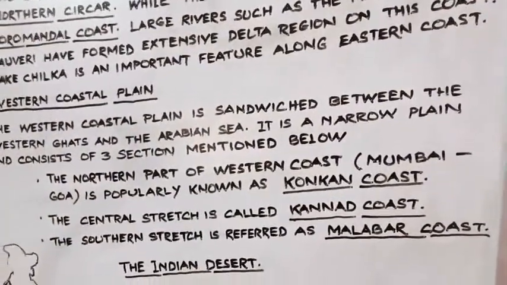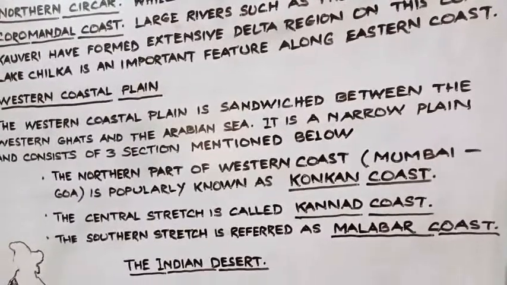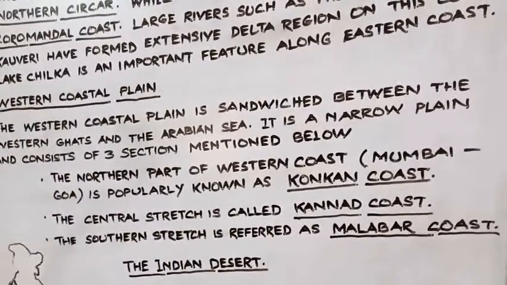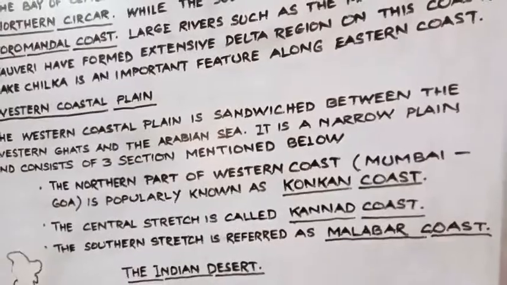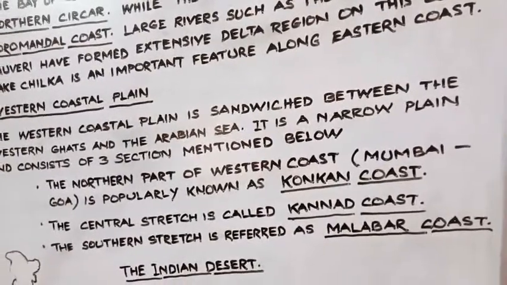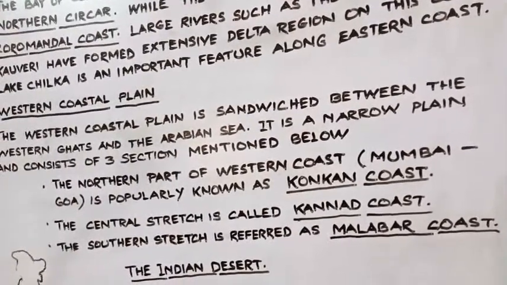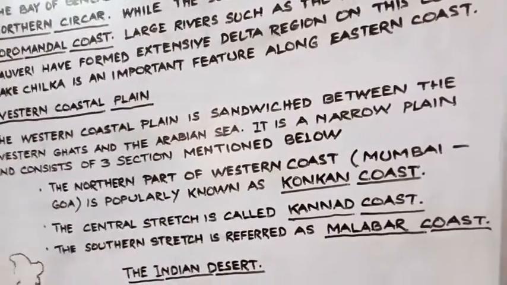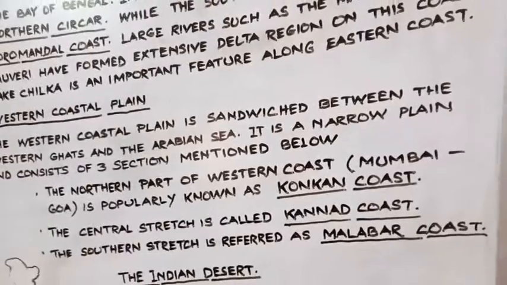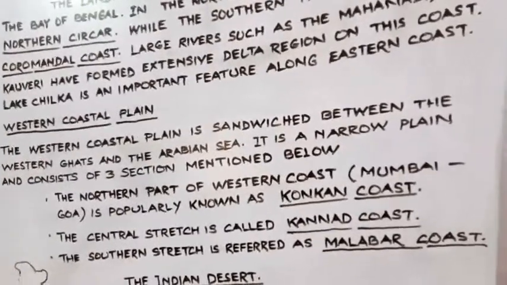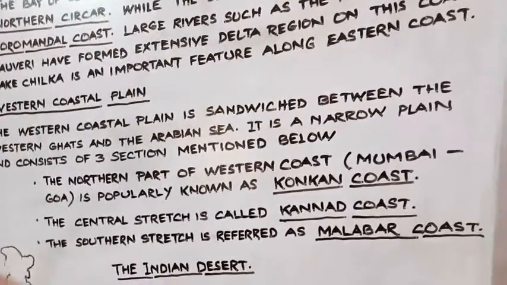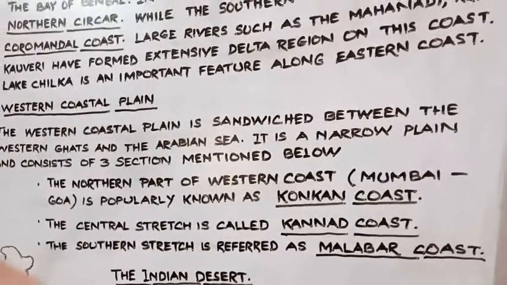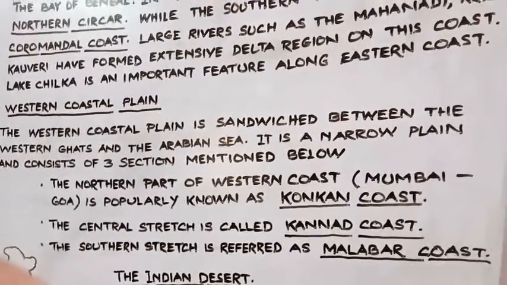The north part of the western coast is the Mumbai Goa region, and this Mumbai Goa region is known as Konkan Coast. Then the central stretch is called Kannada Coast, and the southern stretch, that is part of Kerala, is called the Malabar Coast.